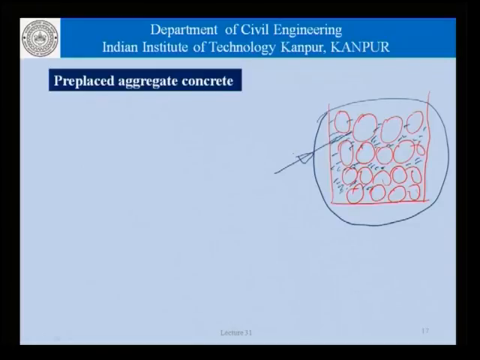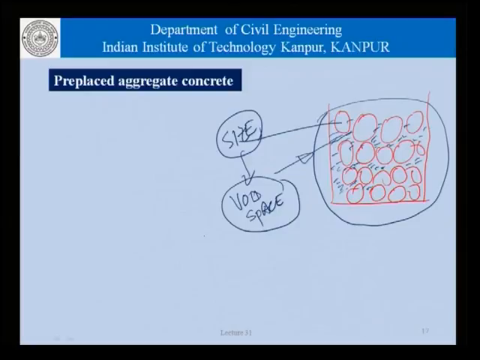That is, we would be interested to know the size of the coarse aggregate and the particle size distribution, which will determine the characteristics of the void space. If we have very small particles, the amount of void space will be different compared to having larger particles.